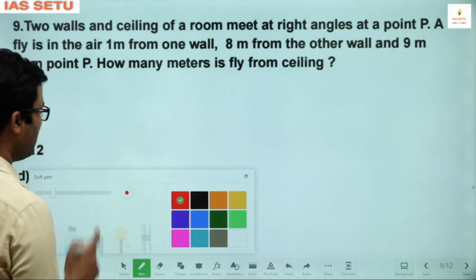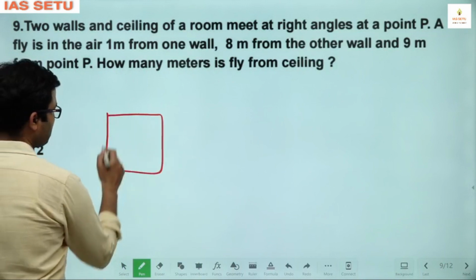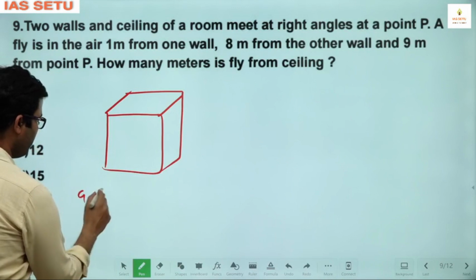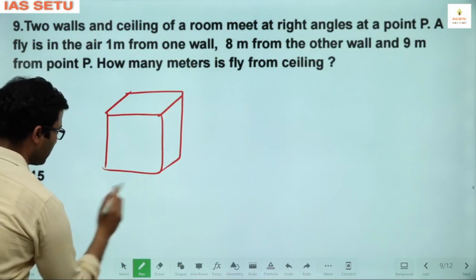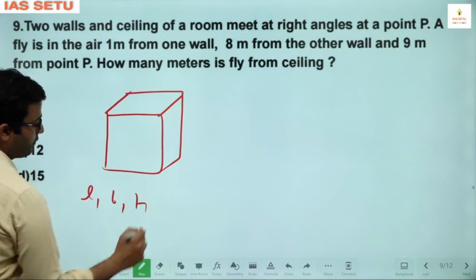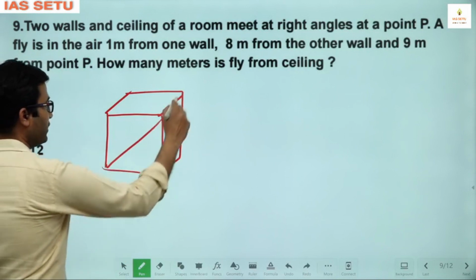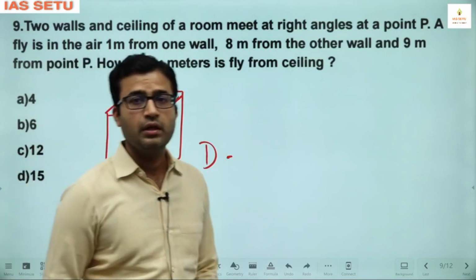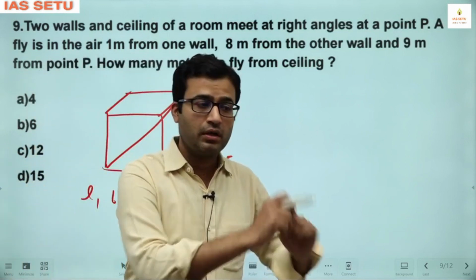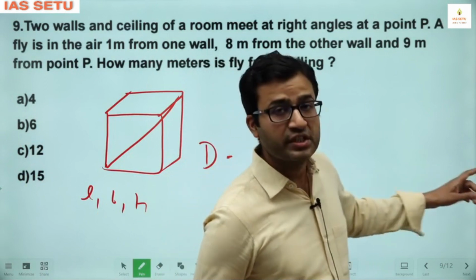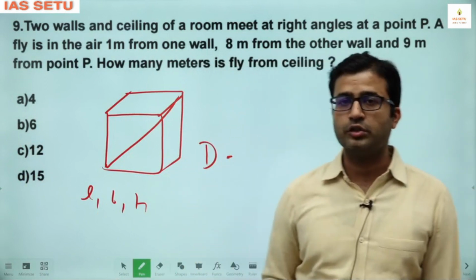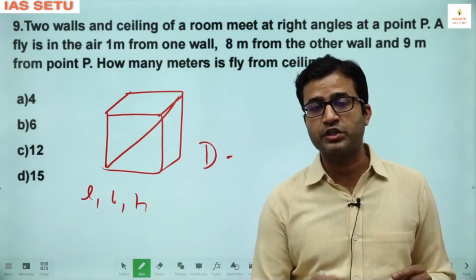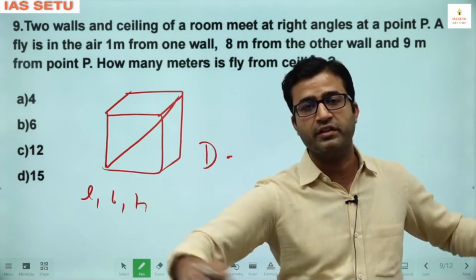Before that, I give you a formula. This is a cuboid where we have 3 dimensions A, B, C for length, breadth, height. What is the diagonal here in the cuboid? I already told you. Diagonal means the maximum distance between 2 points of that cuboid, or the largest possible length of a wood or a stick you can fit in that room or cuboid.